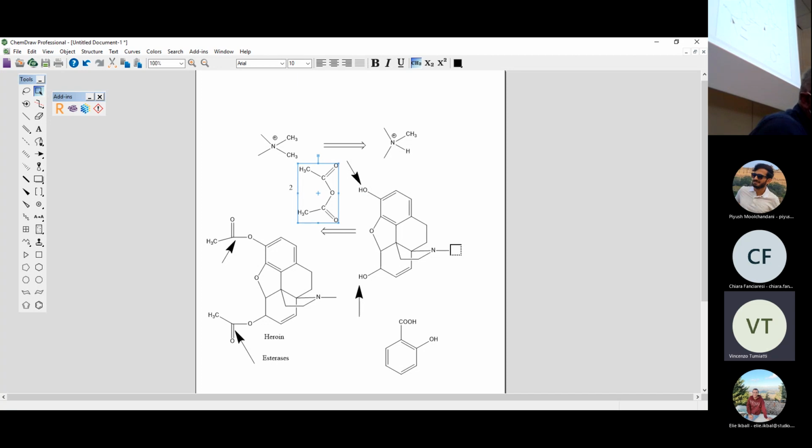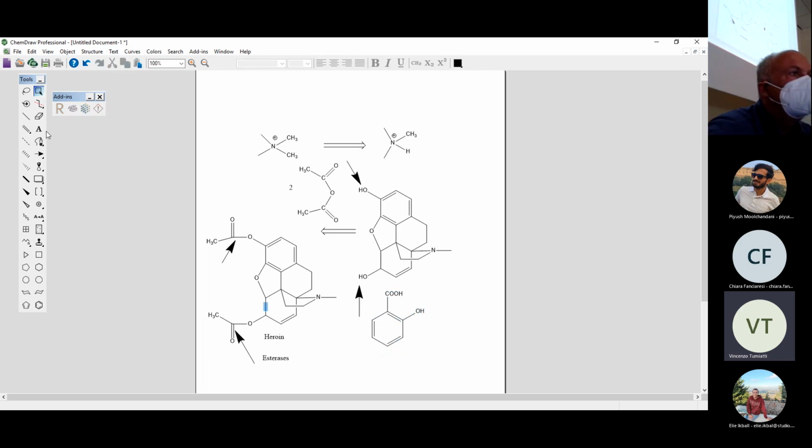At the beginning, they transformed salicylic acid. We'll see this compound in the next chapter on anti-inflammatory agents. It is a natural product. You see the chemical structure of salicylic acid.